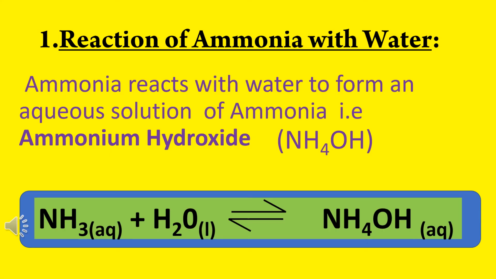Let us see the first reaction, the reaction of ammonia with water. Ammonia readily dissolves in water to form an aqueous solution of ammonia, which is called ammonium hydroxide. That is, the reaction NH3 plus H2O gives rise to NH4OH.